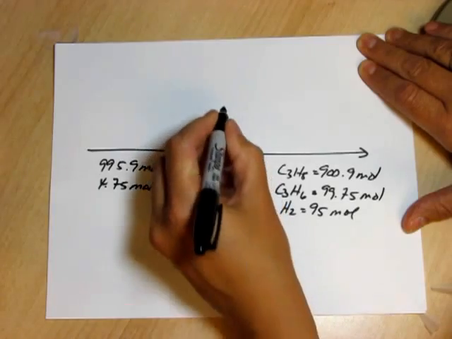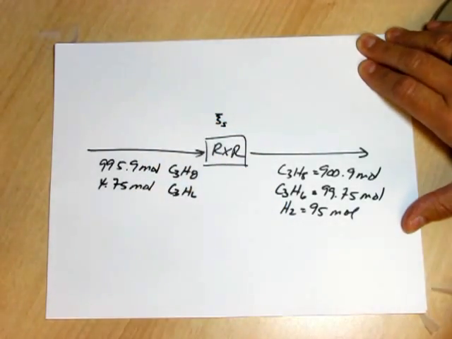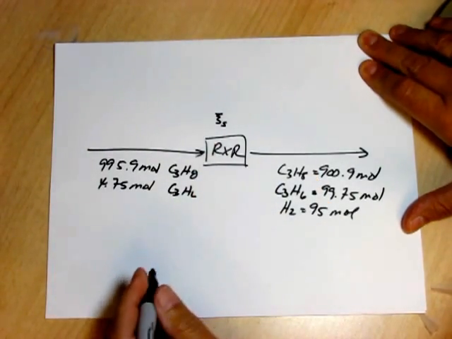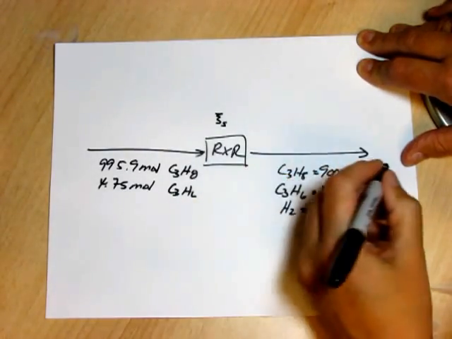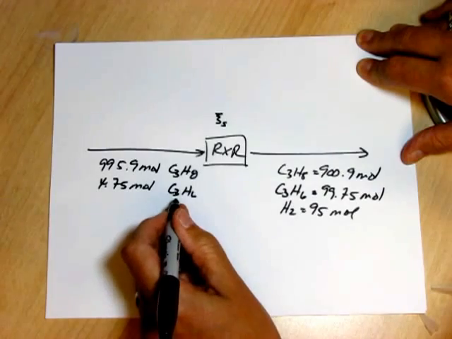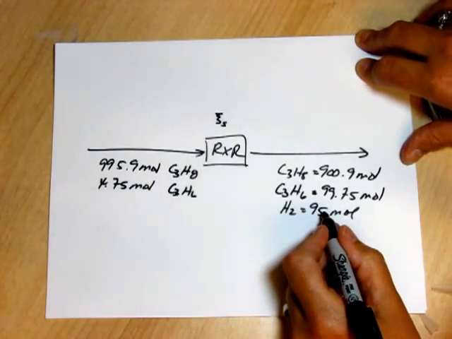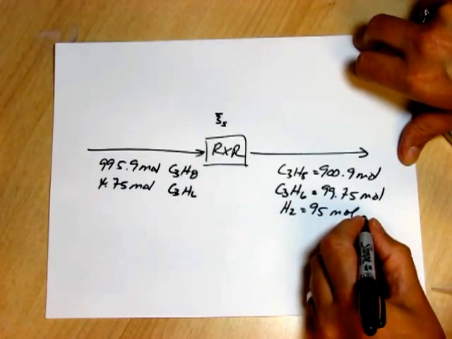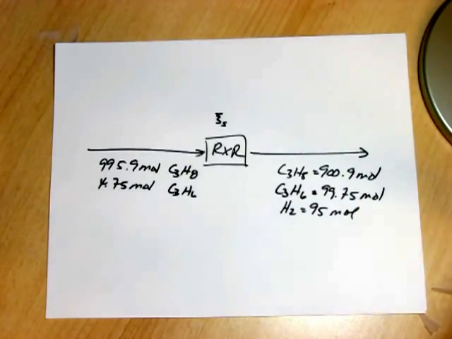To calculate the single pass fractional conversion, we can use the extent of reaction for the single pass. And so that tells us that this quantity, we know that there is no hydrogen coming in, 95 come out, and so that means 95 must be the single pass extent of reaction.